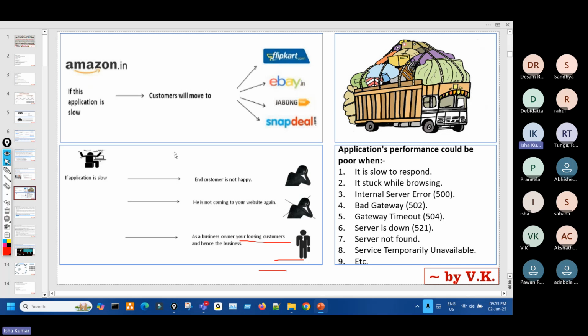Long back, people were not focusing on that, but in the last 10 or 15 years, the demand for performance testing of applications has increased because of this competition. Earlier, in many sectors, a monopoly was there, and still is. Take the IRCTC website: if you saw it until 2 years back, it looked so bad, but no one focused on that because it was a monopoly platform.